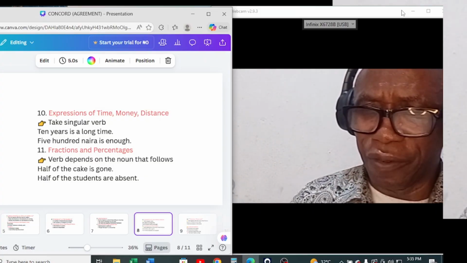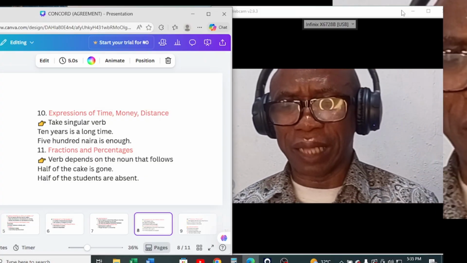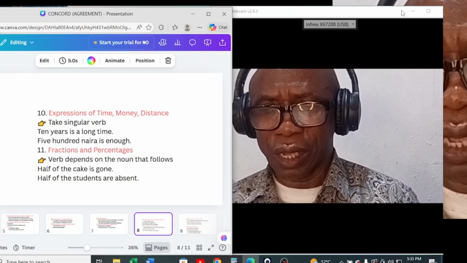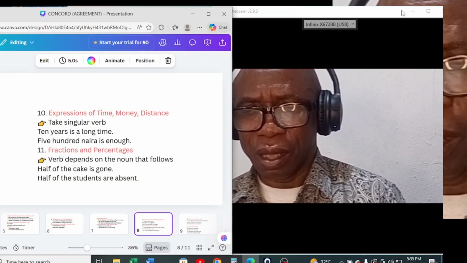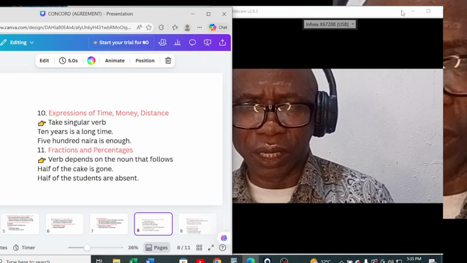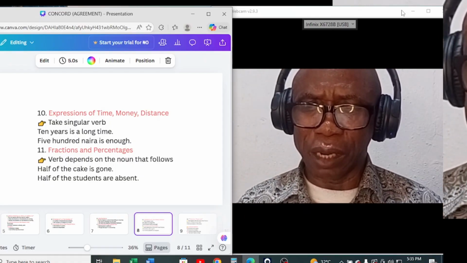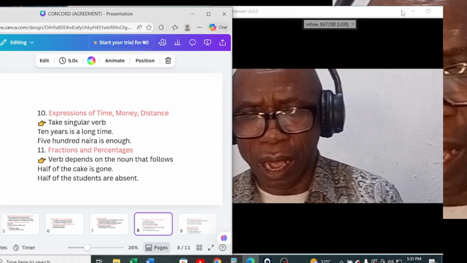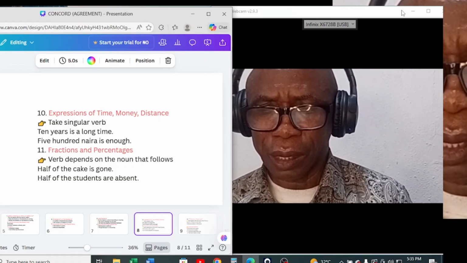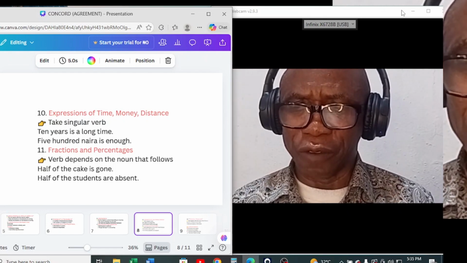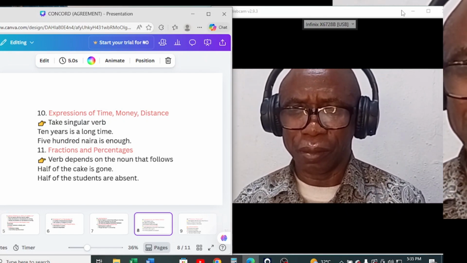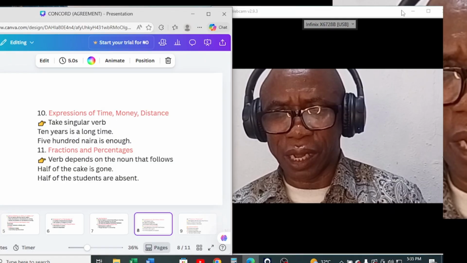Then rule number 11, fractions and percentages. The verb depends on the noun that follows. Look at this: Half of the cake is gone.